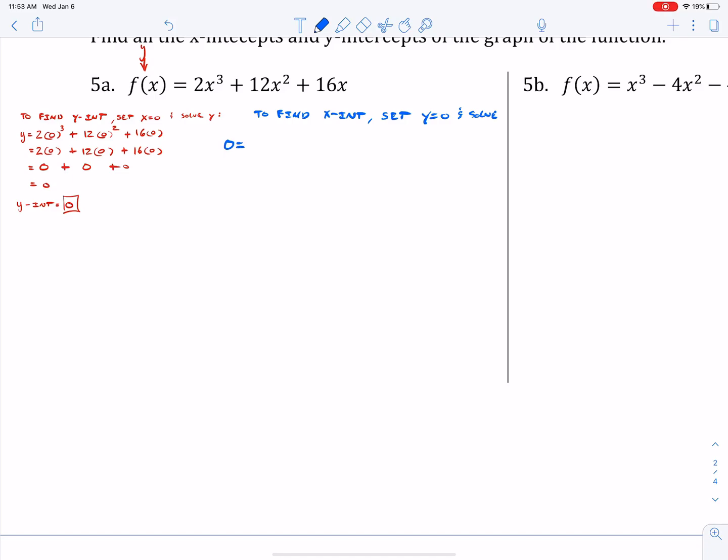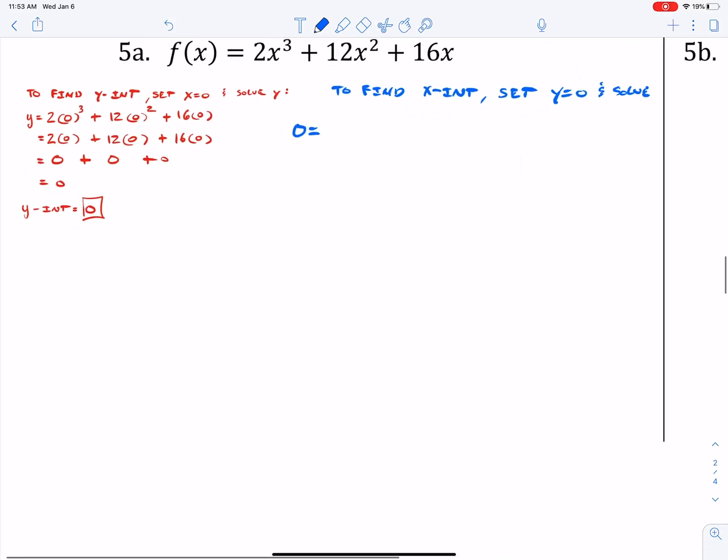0 equals 2x cubed plus 12x squared plus 16x. Well, this is where we need to recall from a prior unit that we need to factor out our greatest common factor of what we have here. 0 equals 2x cubed plus 12x squared plus 16x.